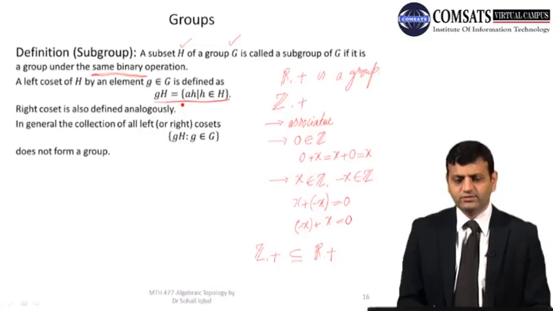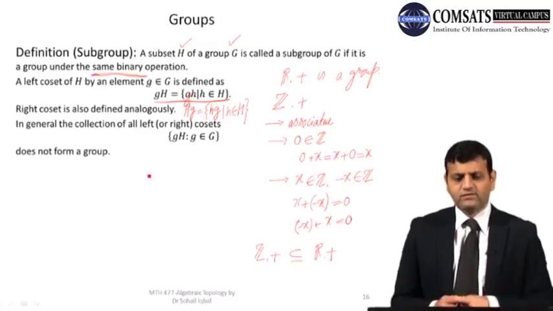Similarly, we can define the right coset. Of course, we can guess that in the right coset we have H into g, and the elements will look like hg, such that h belongs to capital H. So this is not a, in fact this is g.